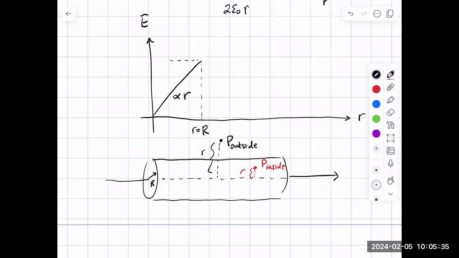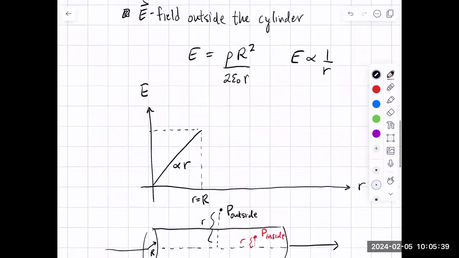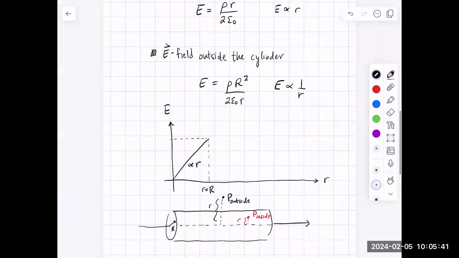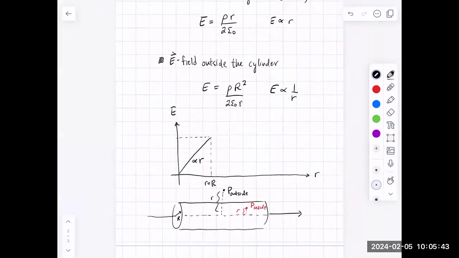And then we could go back to our vertical axis and say, okay, when we're inside the cylinder, the electric field has a strength of rho times little r divided by 2 epsilon naught. So when we get right to the edge where little r is equal to capital R, the electric field strength would be rho times capital R divided by 2 epsilon naught.